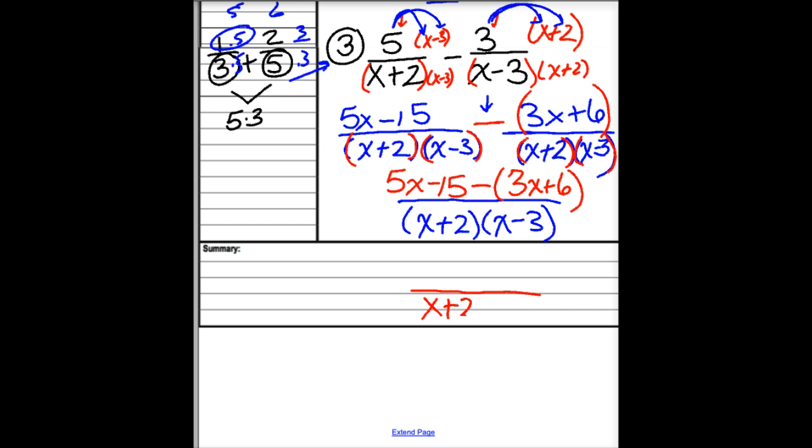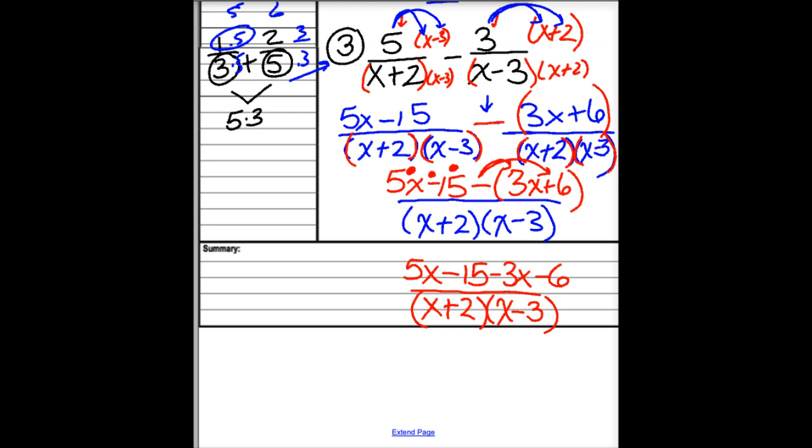I'm just working right now on making it look pretty. I've got 5x right here minus 15, and then I've got minus 3x and minus 6.